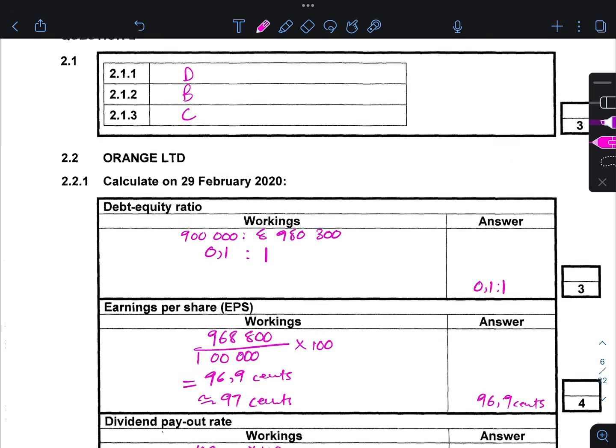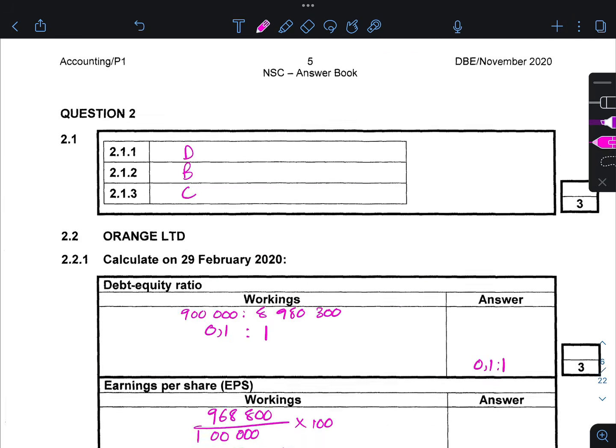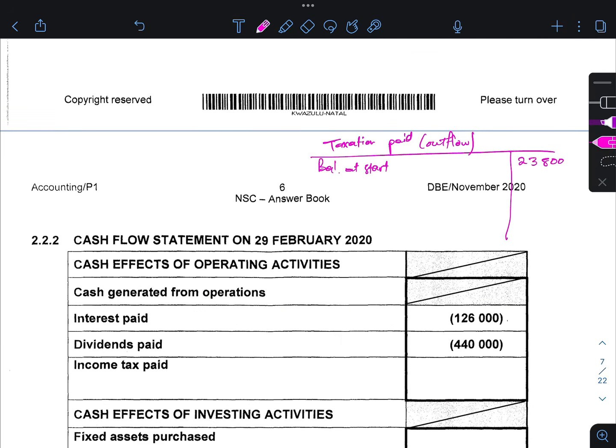Let's just rectify. Yes, 23,800 on the credit side. What does that mean? If it was on the credit side, we were owing SARS. Remember, it's a liability account. At the start, it's going to be an outflow because we have to pay SARS this amount that we were owing. So now your income tax.